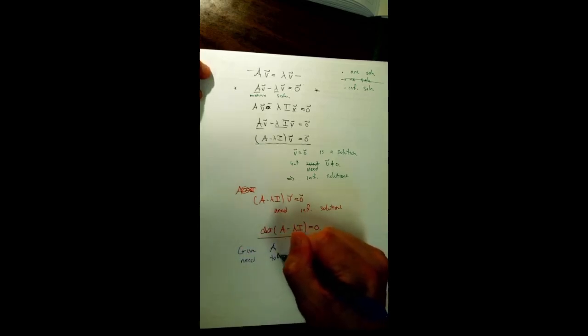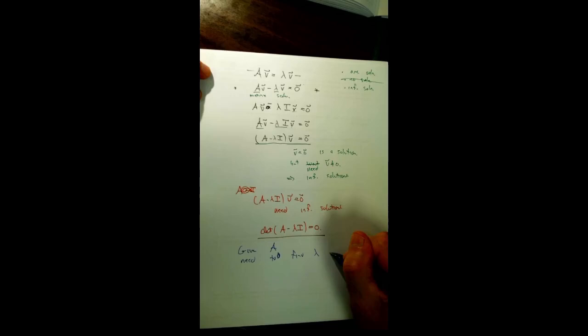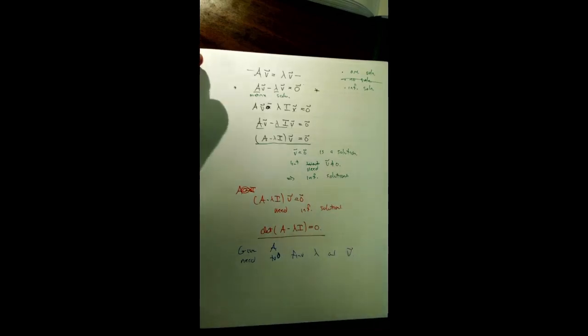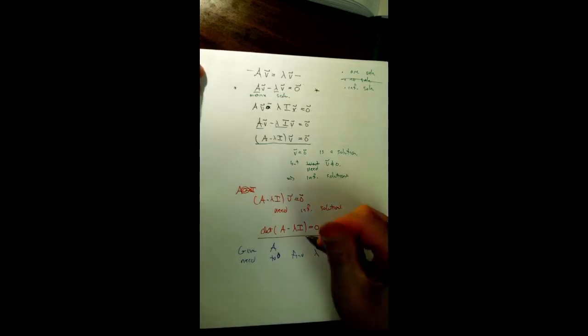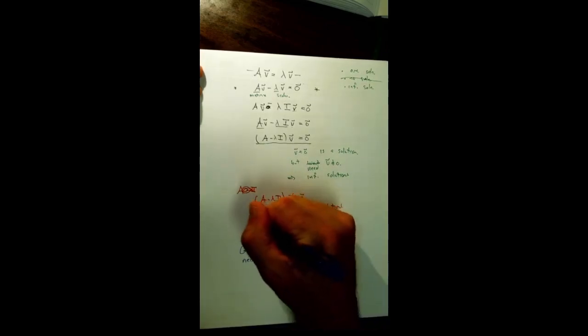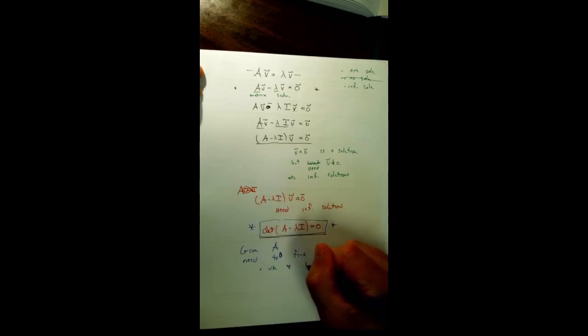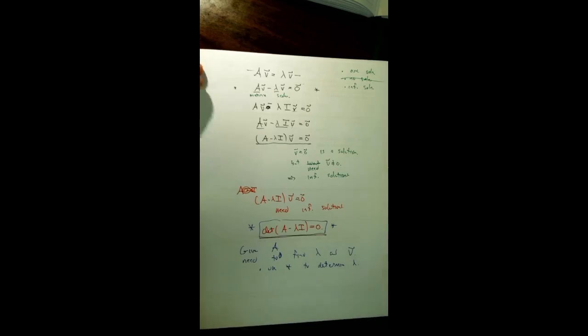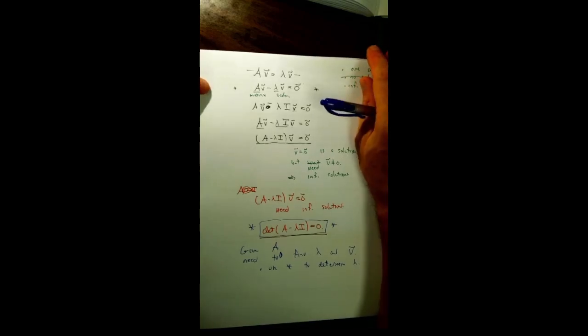I need to find lambda and V. So the game we're going to play is we're going to use this relationship right here to determine values of lambda. And by the way, if we have an n by n system and we want to find a solution to the differential equation, we're going to need n solutions. All right. So let's just write all this out.